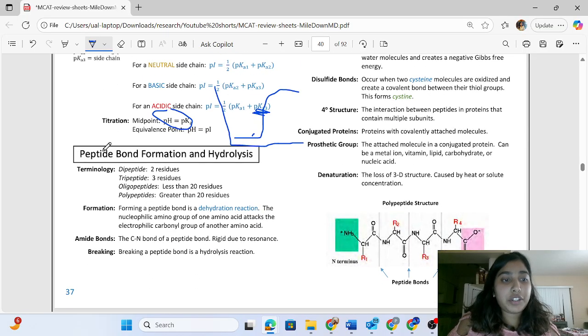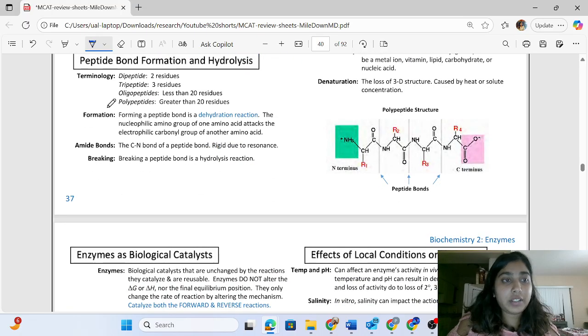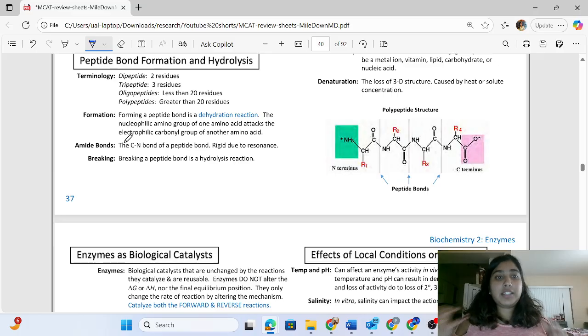Now we come to the terminology for peptides. A dipeptide means that it's made up of 2 amino acids. A tripeptide means it's made up of 3 amino acids. An oligopeptide means it is less than 20. It's not like you will be asked for definitions on the MCAT for these kinds of things.